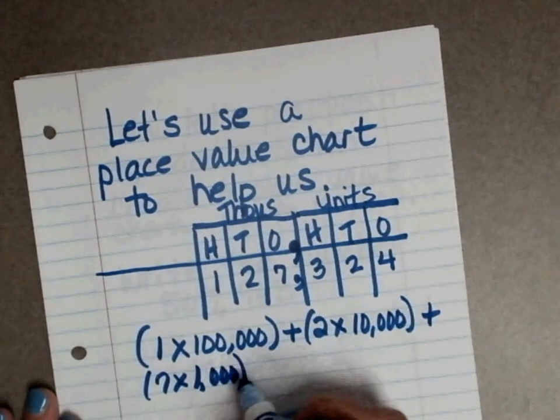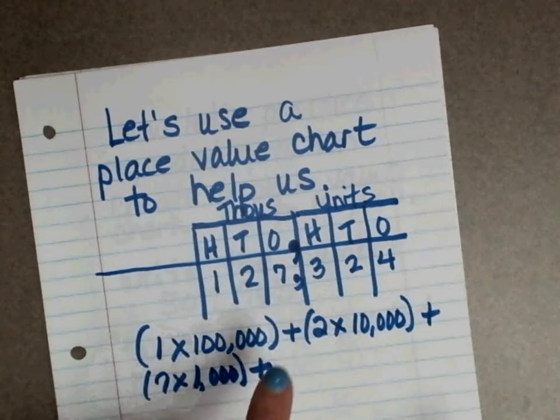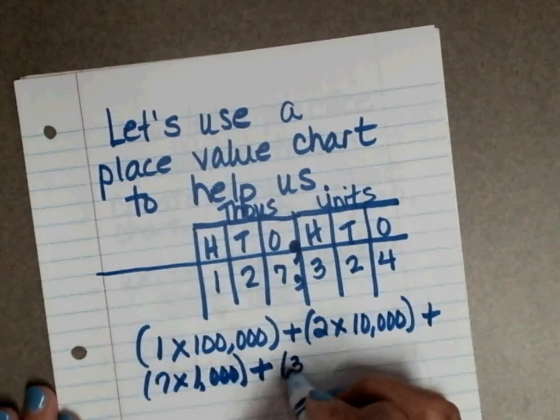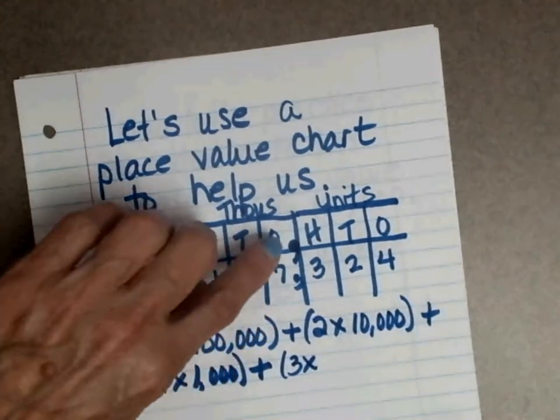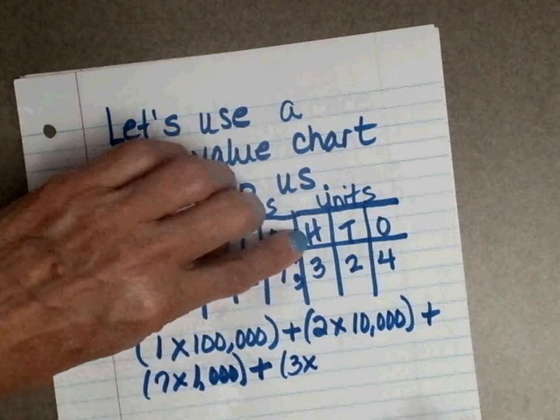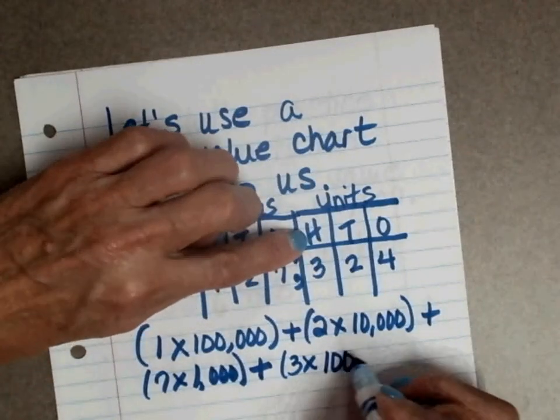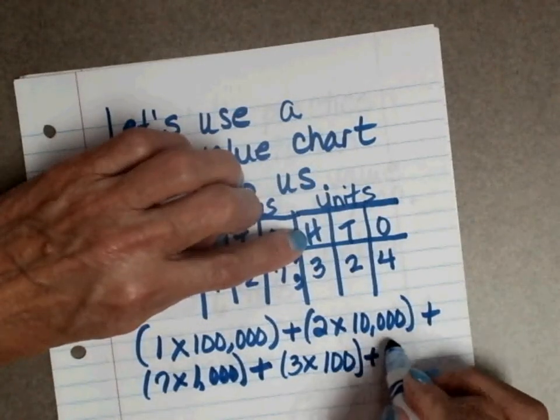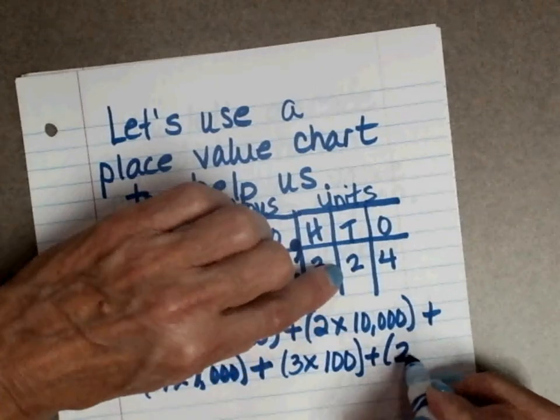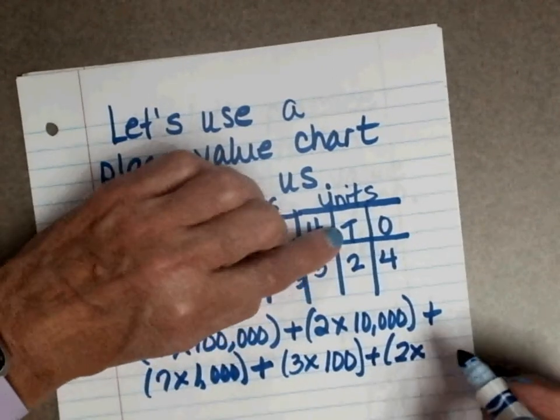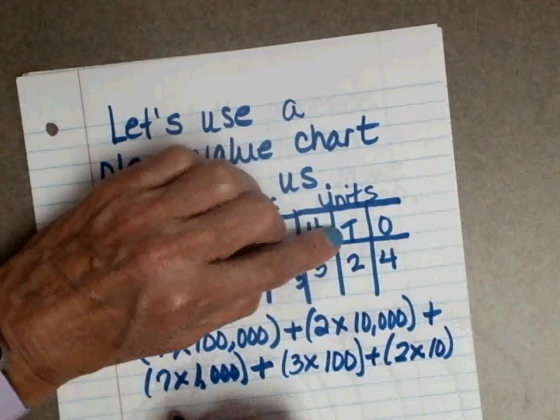Good job. 1,000. Plus the digit 3 times the place value position. The 3 is in what place value position? 100's place. Plus the digit 2 times 10.